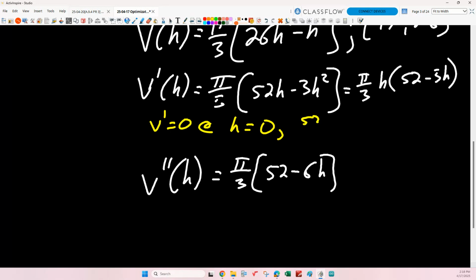0, 52 thirds, and we're not going to keep 0. Right? 0, obviously, a height of 0 doesn't do anything for us. So 52 thirds would be my one critical number I'd need to consider in my domain. At 52 thirds, is my second derivative positive or negative?